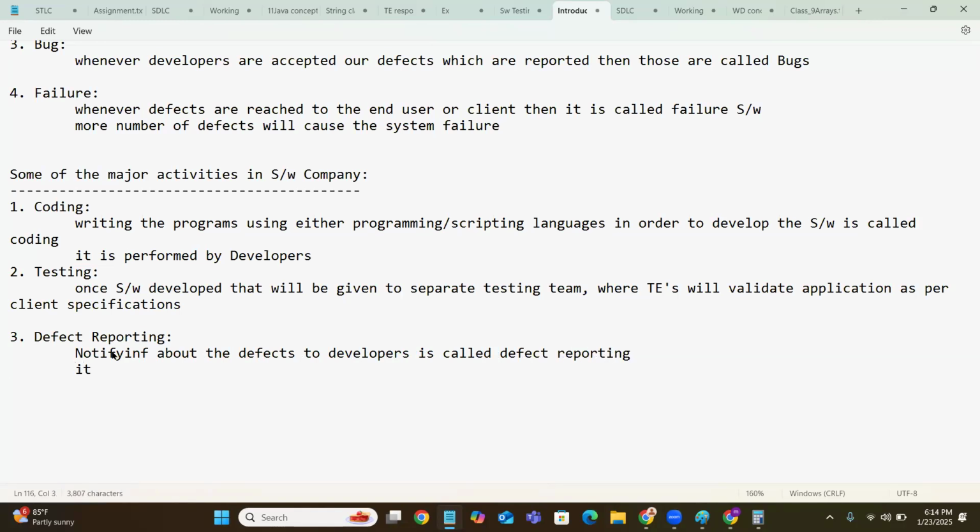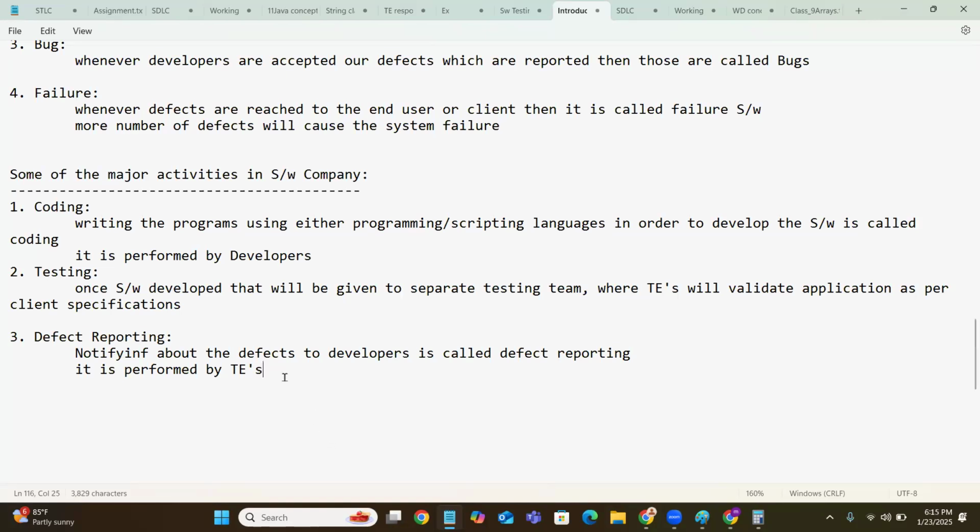It is performed by test engineers. When you identify defects, you need to intimate the developers. Notifying developers about the defects is called defect reporting. It is the test engineer's job.